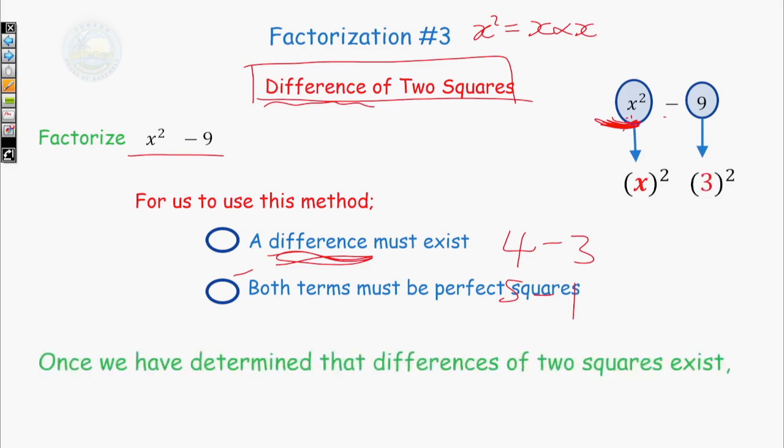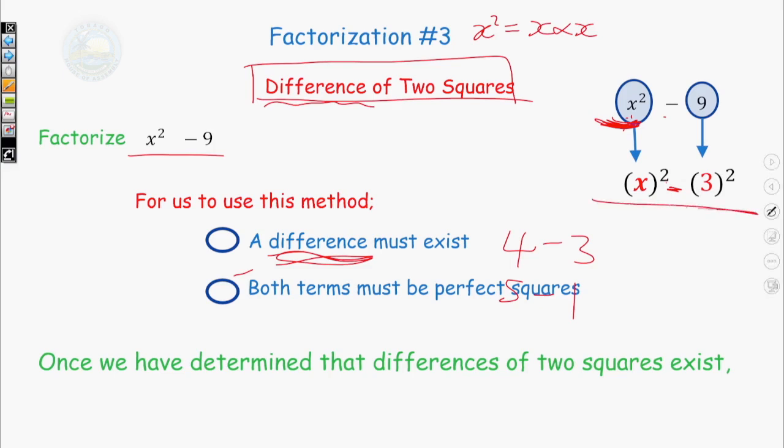3 squared is 9. So this here is a case of difference of two squares. I am subtracting here. I'm finding the difference of x squared and 3 squared.